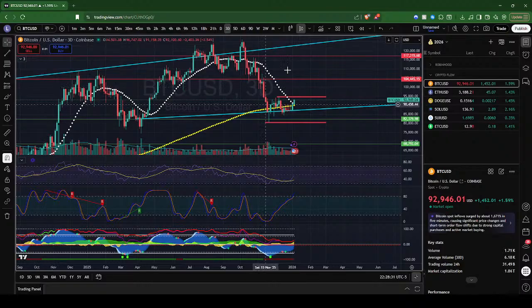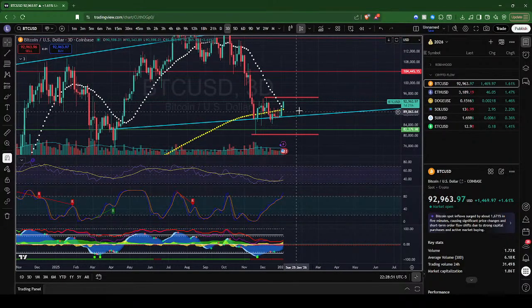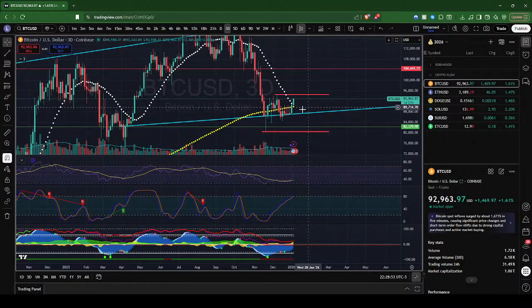So these are the 50 and 200-day moving averages on the 3-day time frame, and now on the 3-day, we are above both of them. Being above this 200-day and confirming this area is good. It means that we're confirming that this is a support range. So it's a bullish indicator at the least.